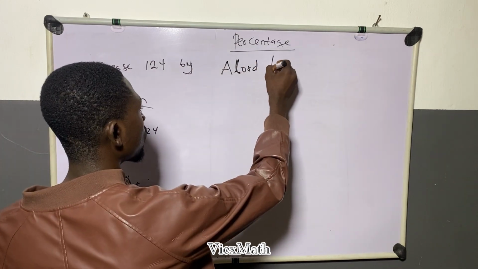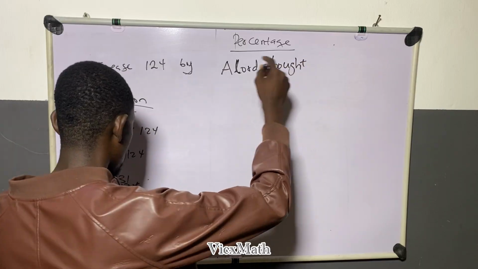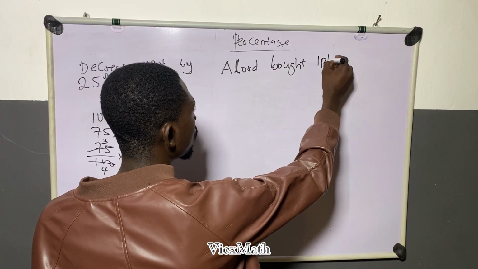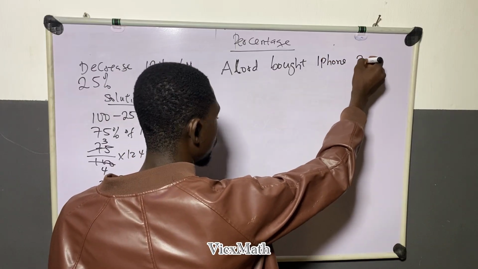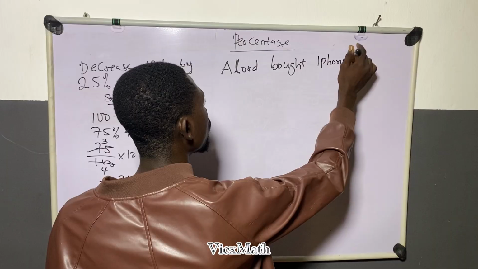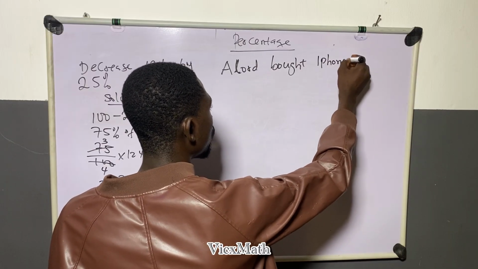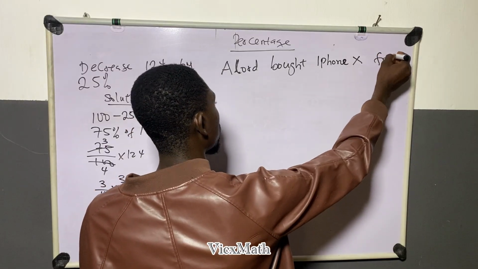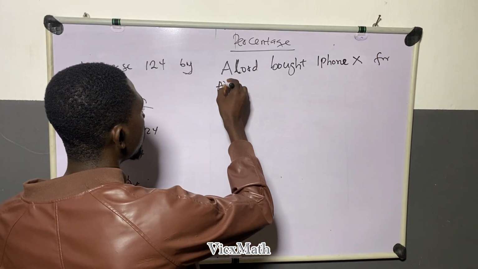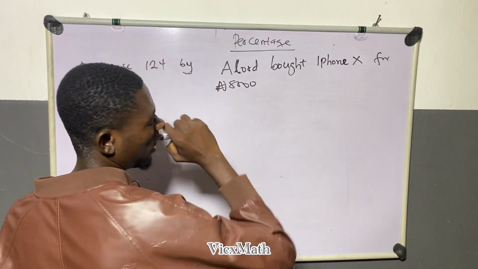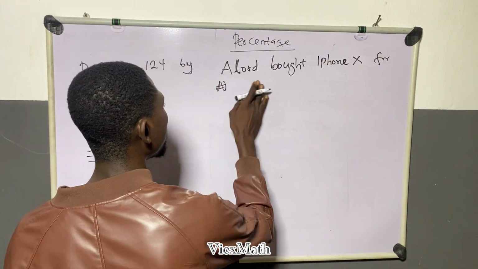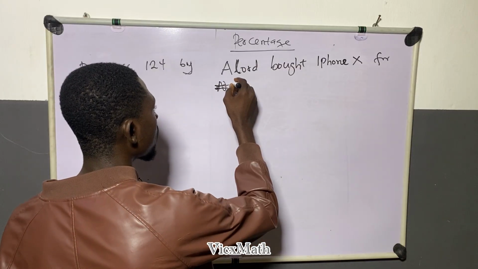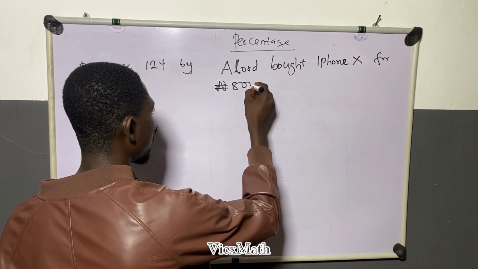A lord bought phones, or your goods, bought iPhone X for 8,000. 8,000 is too cheap. That means, okay, maybe he bought it in USA. So USA should be cheaper than China. Bought it for 8,000.